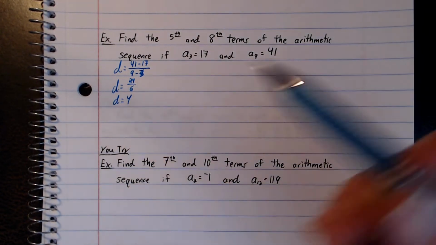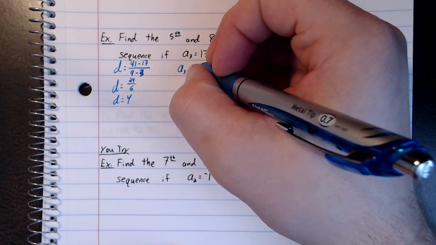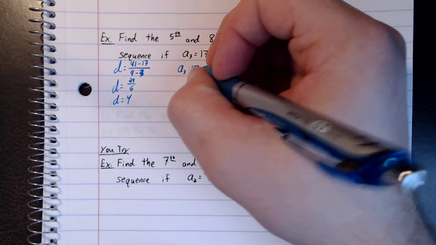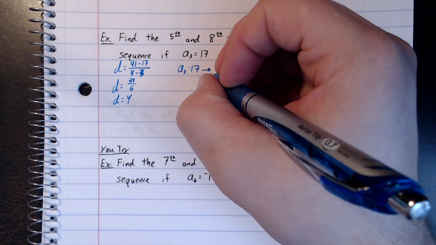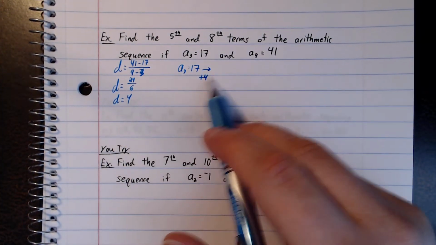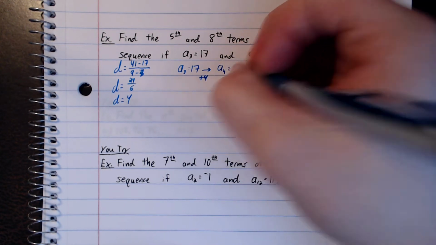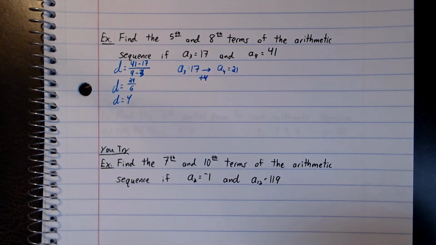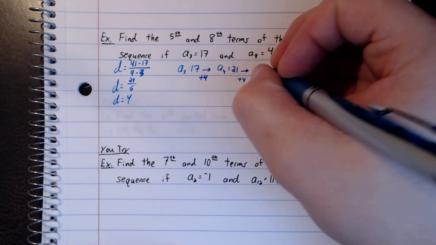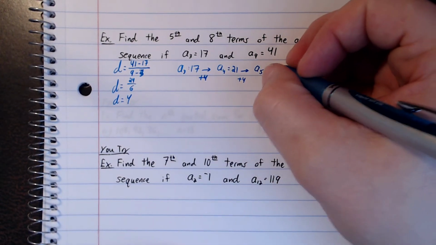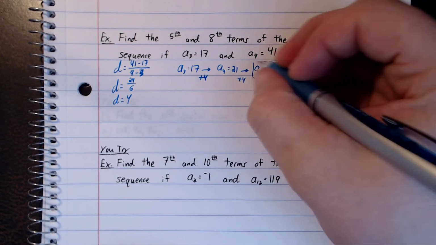We know our common difference is 4, so if I'm starting at the third position, which is 17, if I want the fourth position, I'm going to have to add 4, right? Because that's what it tells us to do. So a sub 4 is going to be 21. And I'm going to have to add another 4 to get a sub 5. So 21 plus 4, 25.